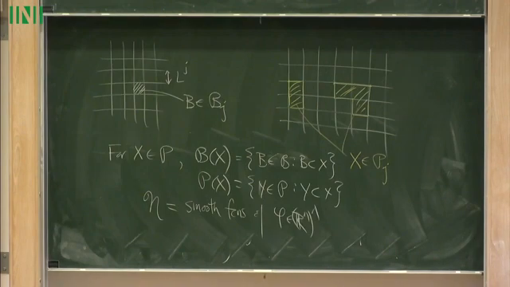F of X could be, for example, e to the minus V of X, phi, where V of X is the sum over points in X of V of phi of x, where V is a local polynomial of the type that shows up in these models. So to every polymer X, we associate a function of the field, which is this function. So maybe I should really write a dot here to emphasize that it's considered to be a function of the field.